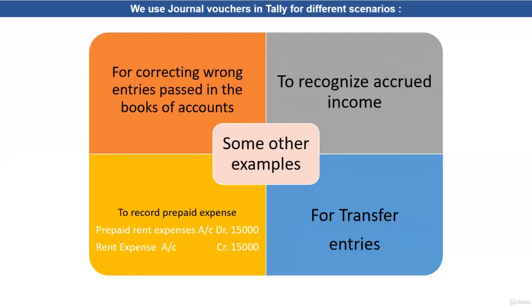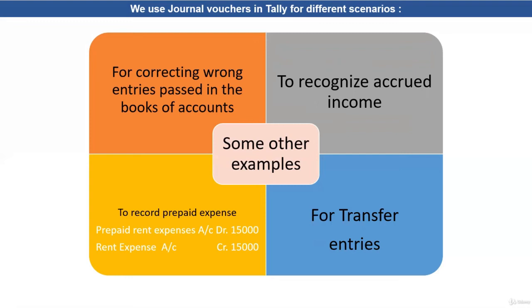Likewise, we have some more examples of adjustment entries. We can post adjustment entries in the journal voucher for correction of any wrong entry that we passed in the books of account. We can reverse that entry through the journal voucher. To recognize accrued income, you can post a journal entry.